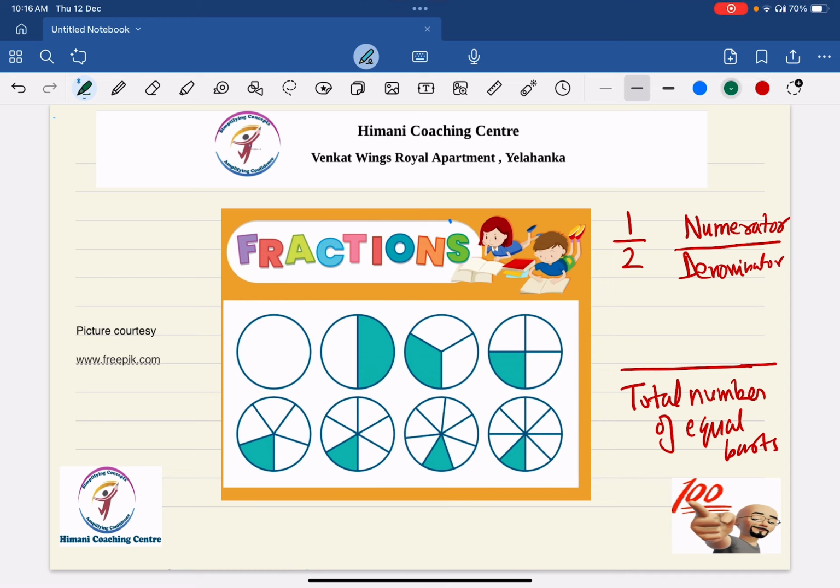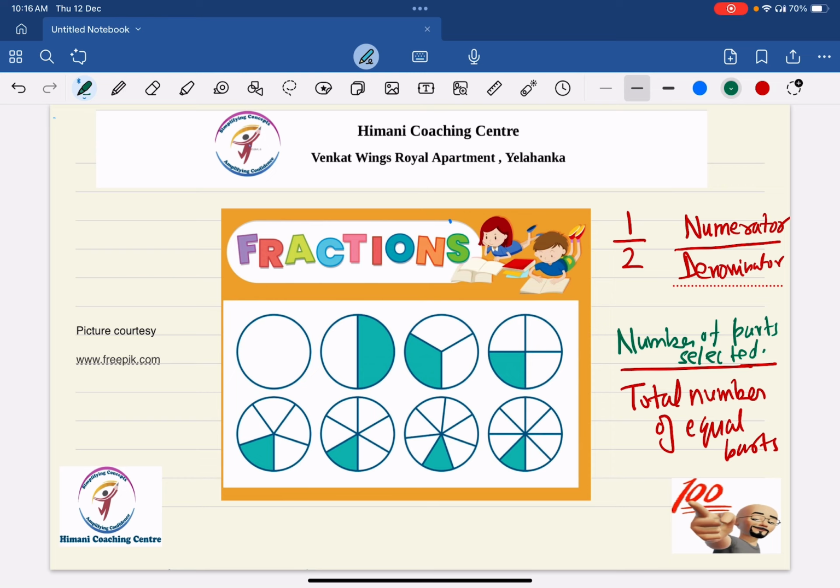Let me use a different color pen. Here we write the number of parts selected. Okay. And that is how we write a fraction. So this is our fraction. Numerator is the number of parts selected divided by denominator, which is the total number of equal parts.